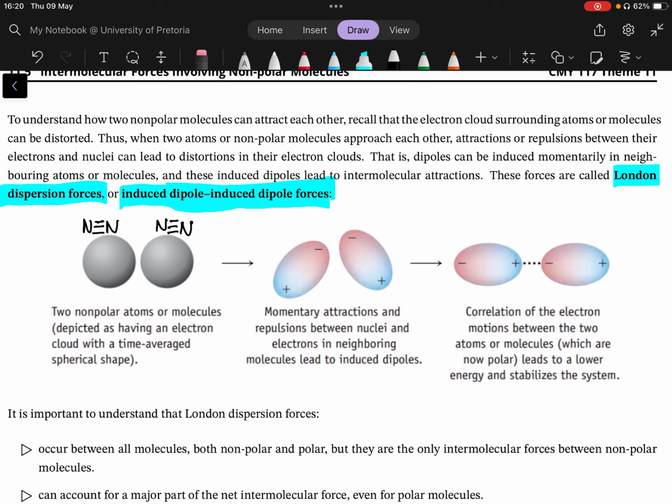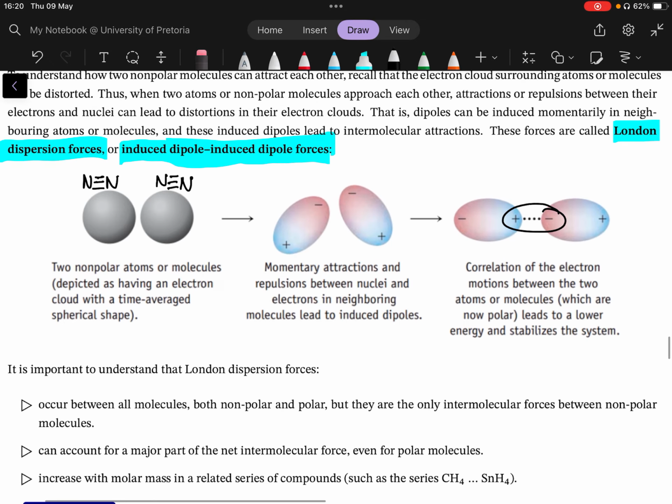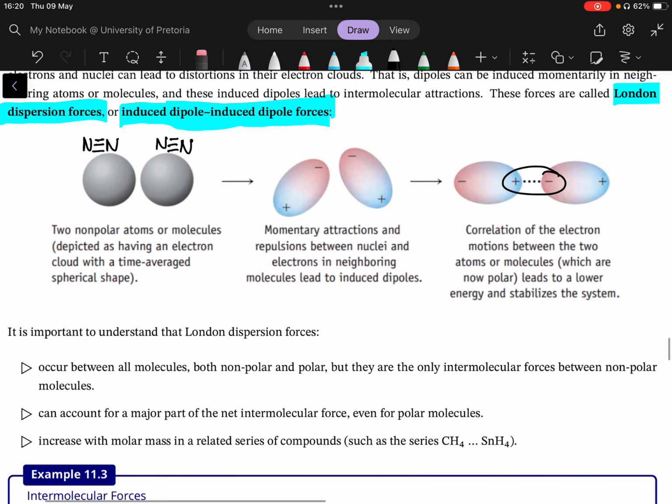So you can have a situation where, on average, all of these molecules seem nonpolar, but their actual interactions are that one side is slightly positive and the other slightly negative. Then they allow for an intermolecular interaction, which is these London dispersion forces. They are very weak forces, the weakest forces that you get.